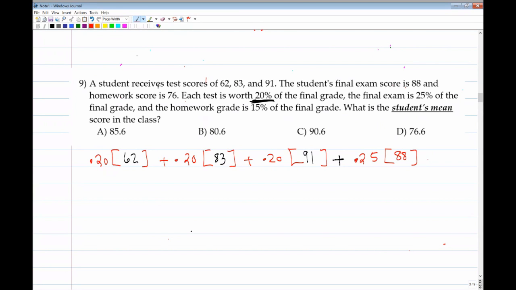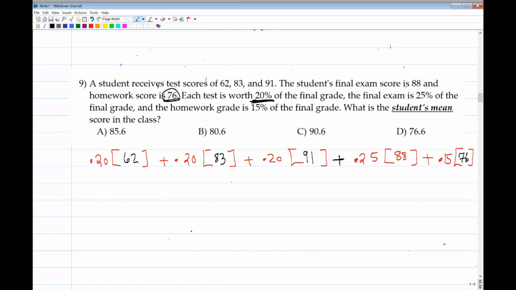Now we add to that, what do we have also? We have 15% is homework. So 15% times whatever is accomplished in the homework. If you look back, the homework was 76.